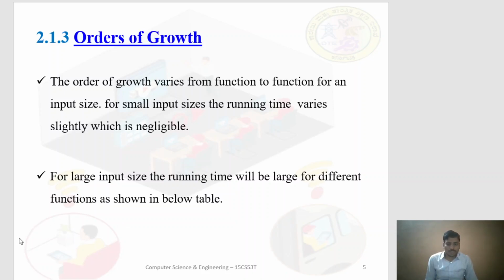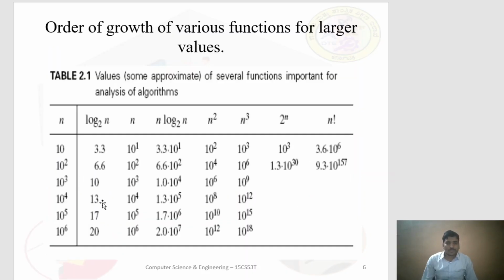So this behavior is shown in the table. Here you can observe the given table. The first row represents the various functions and the remaining rows show the values for the given input.